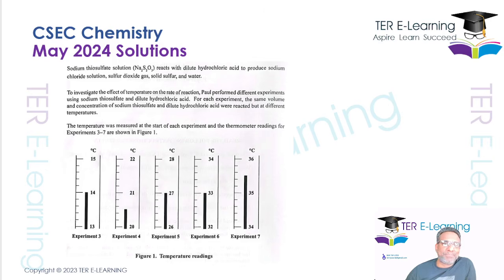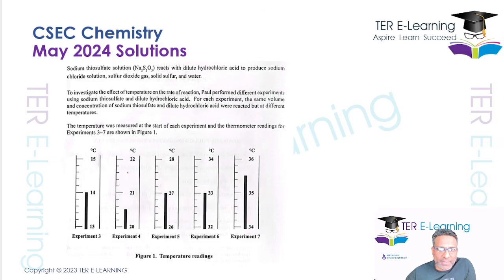So let's see. So we have sodium thiosulfate, that's Na2S2O3. It reacts with hydrochloric acid to produce sodium chloride, sulfur dioxide, solid sulfur, and water. To investigate the effect of temperature on the rate of reaction, Paul performed different experiments using sodium thiosulfate and hydrochloric acid.